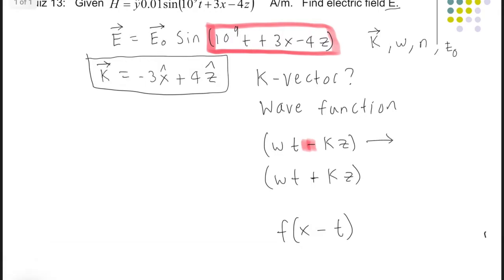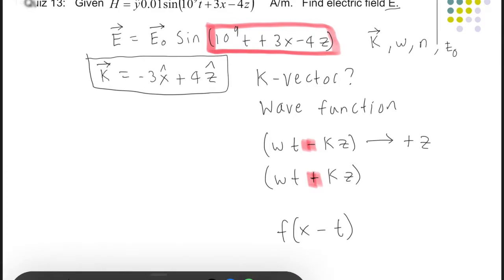So instead of going to the right in terms of position, we can say that our wave is traveling in a positive z direction. The same can be said for our plus here. It would be the opposite, so it would be going to the left, or possibly a negative z direction.